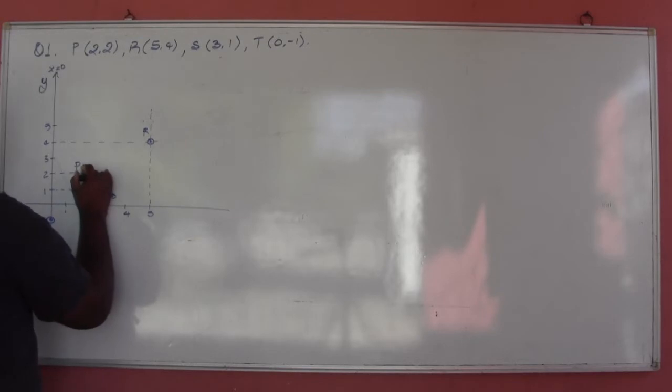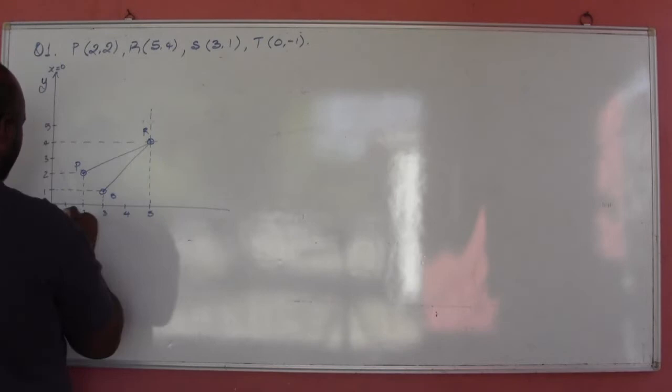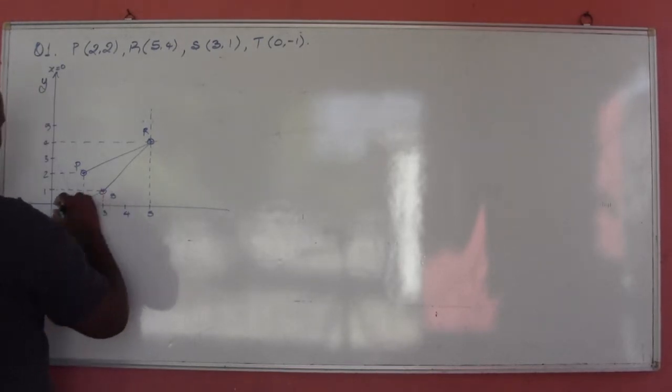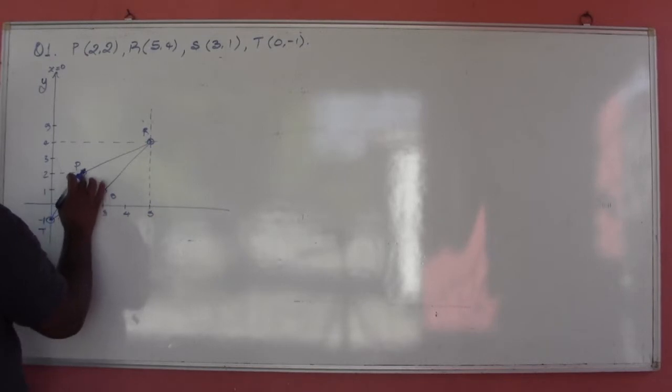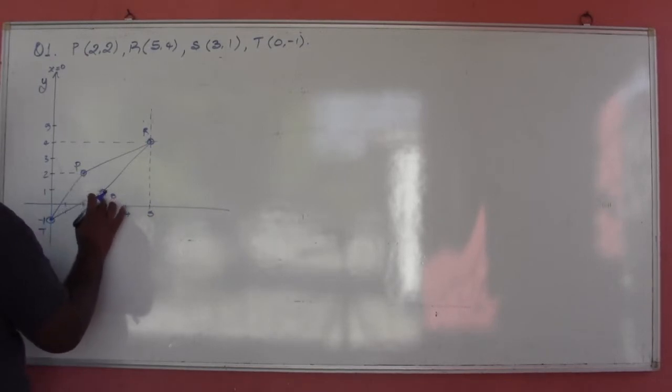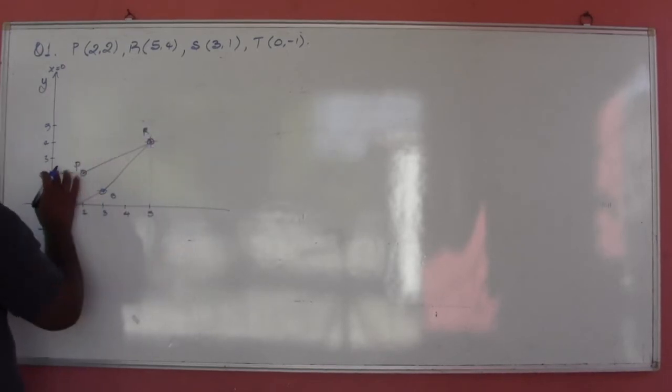If I wanted to, I could connect them, and I could also remove these dotted lines. All I did was a sketch of the information that was given to me.